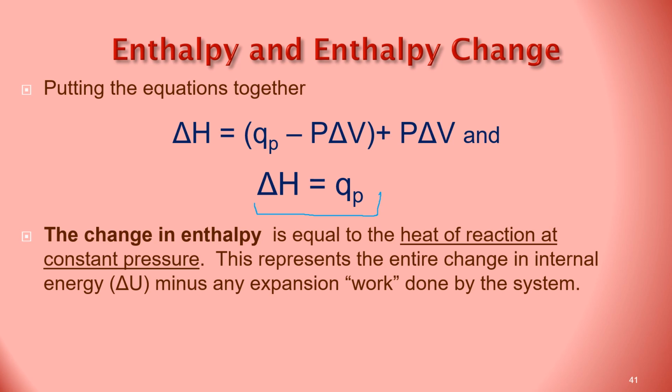It's a better method of keeping track of things rather than the total energy, delta U. It's just easier to relate to and easier to keep track of. So we're going to be using this delta H to represent our heat of reaction.